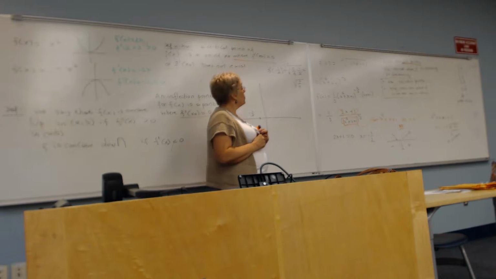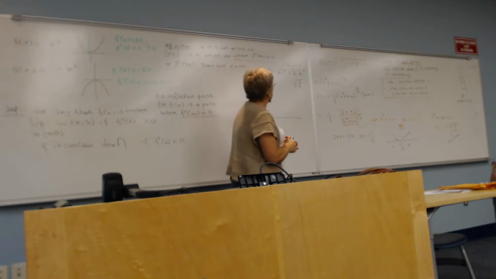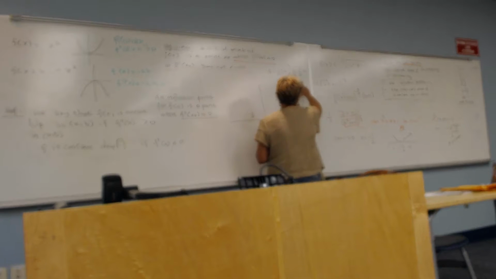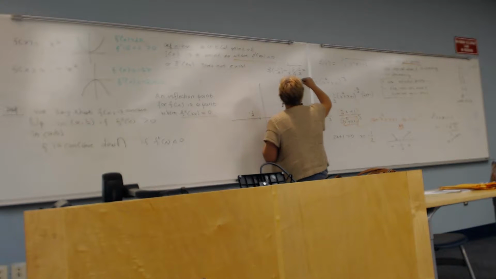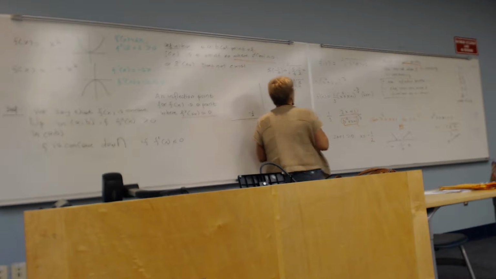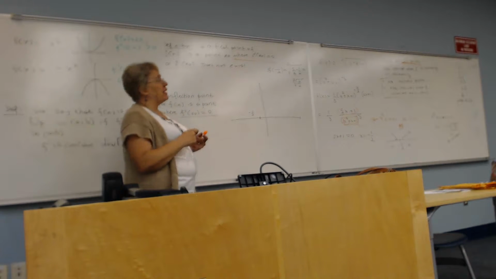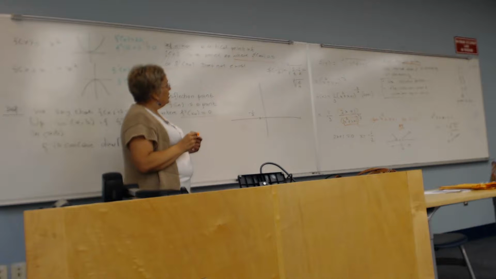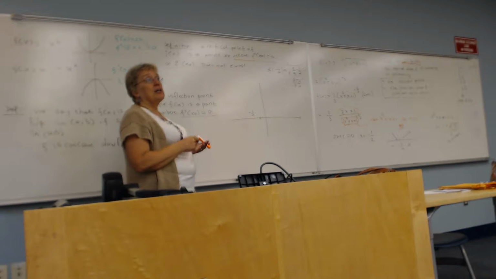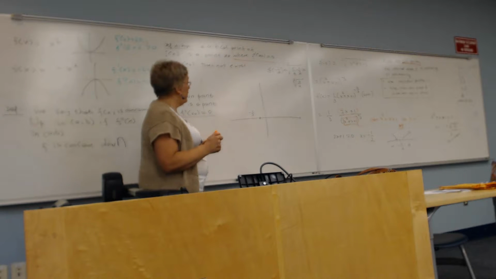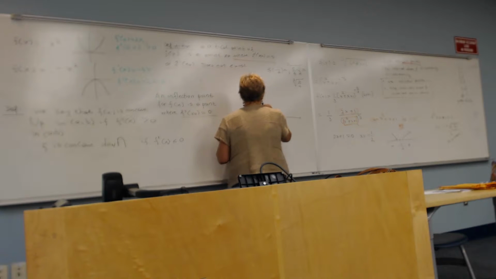Maybe 3/4. 5 over 4 minus 2 over 4 is 3/4. Oh yeah, that's right. It's 3/4. I was doing the common denominator. So anyways, that is the value of the minimum, right? The relative minimum.